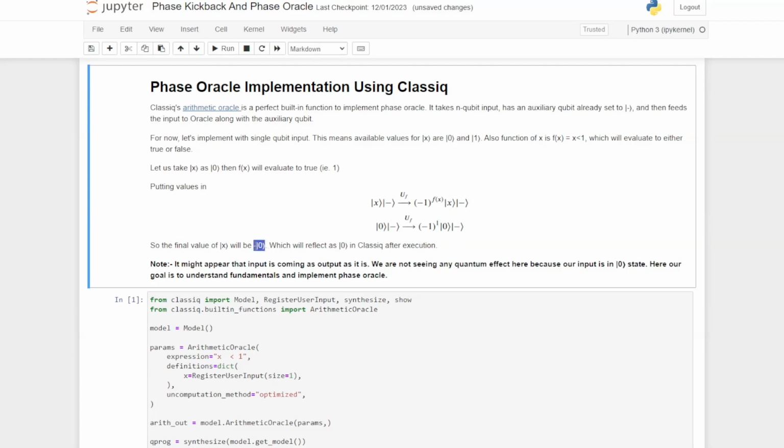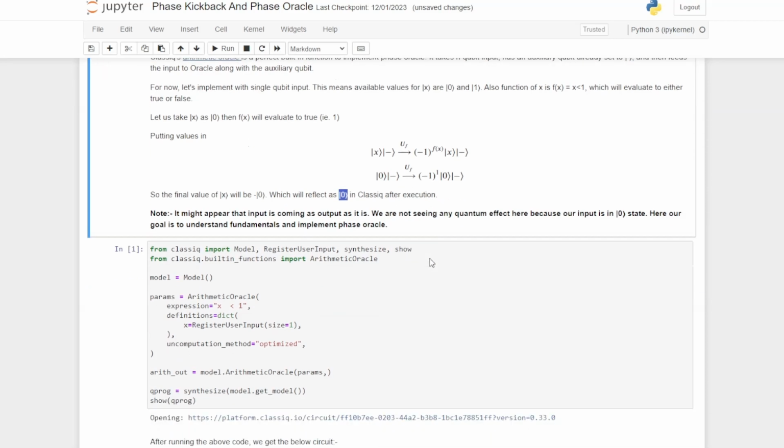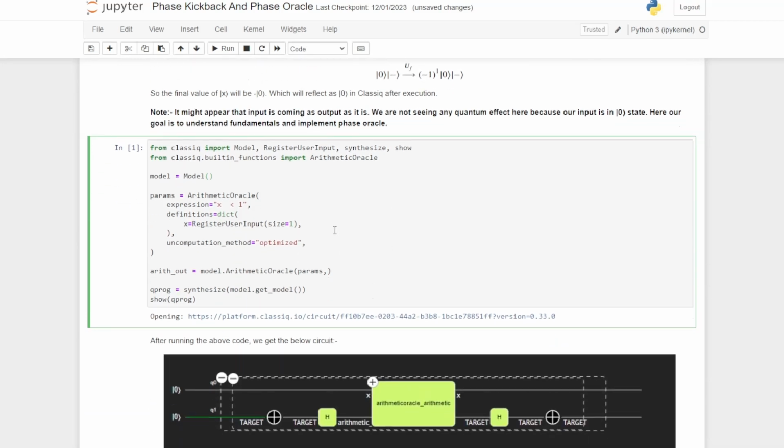But since this minus is the global phase, in the Classiq output we will see only 0. The important thing here is that we are not seeing any change in the input. We are getting 0 as it is in the actual output, but there is no need to worry about that. We will see it in the next notebook when we see the Deutsch algorithm.